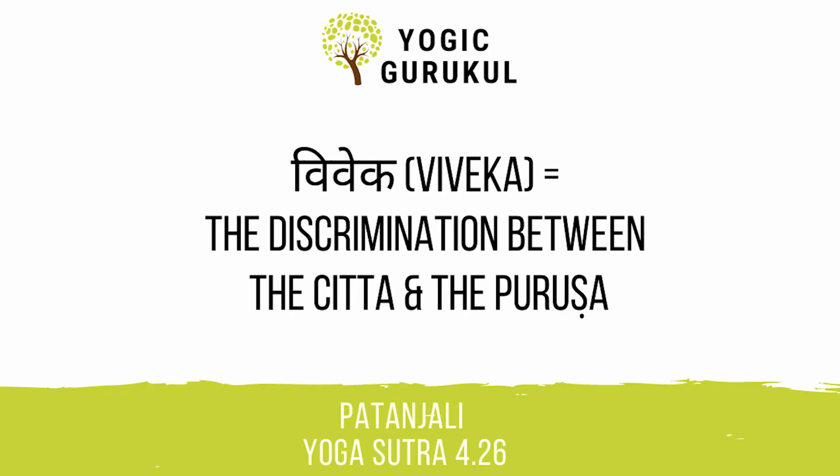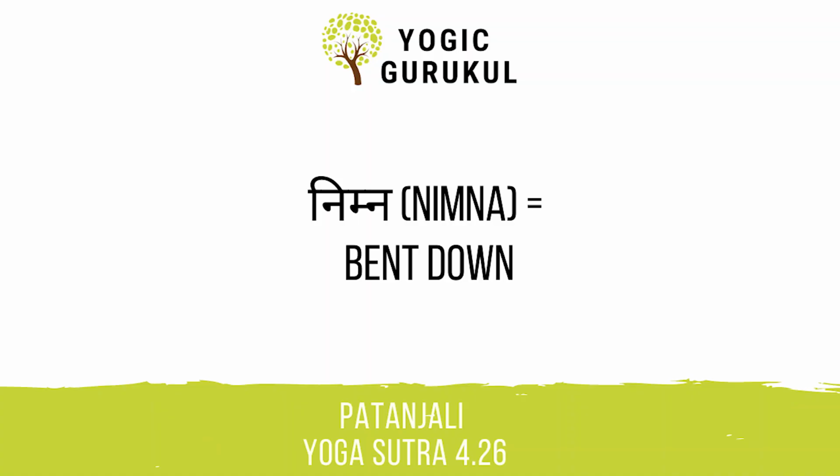The next word is viveka, which essentially refers to the discrimination between the Purusha and the chitta. Right? So that sense of realization, that sense of differentiation which comes about when one understands the difference between Purusha and chitta. Then coming to the next word, we have nimna, which basically means something that's bent down.